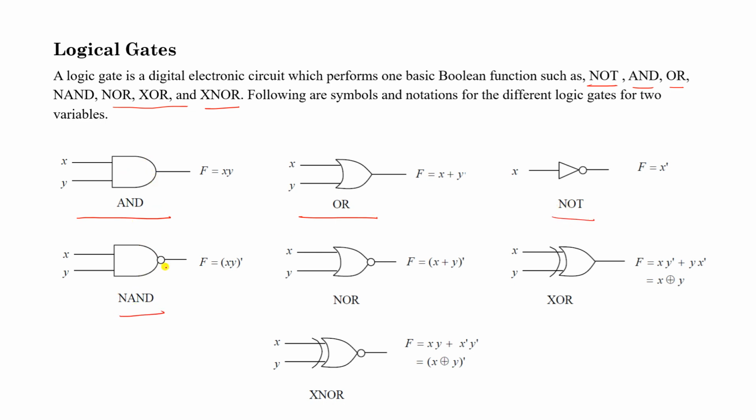Use this one and apply this NOT, negation of this one, then you will get NAND. Similarly, you can find NOR, NOT of this OR. This is XOR, the expression is given by this one, x y dash plus y dash x, and this is XNOR. This is the expression. So these are logical gates used in digital electronics.